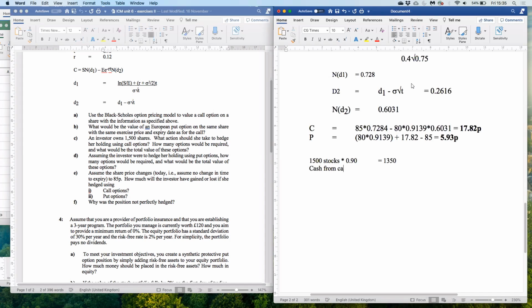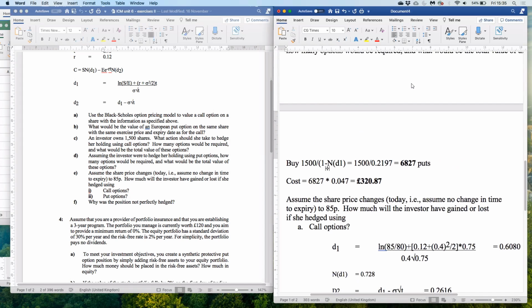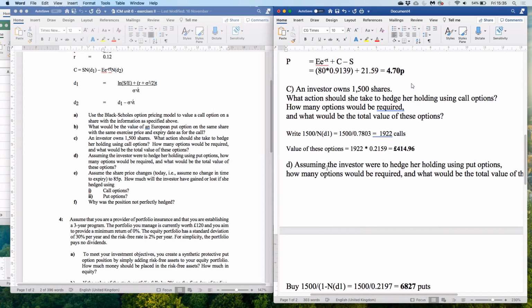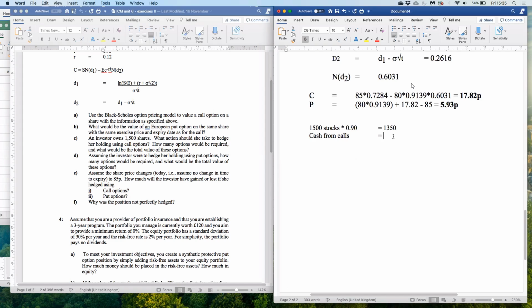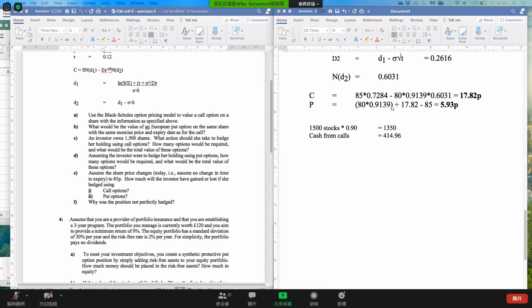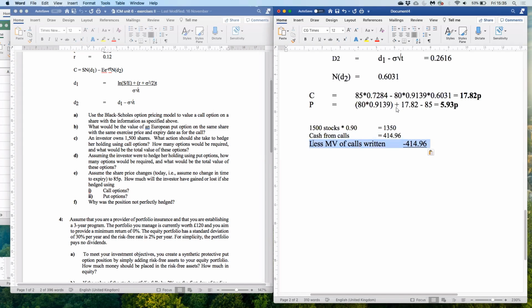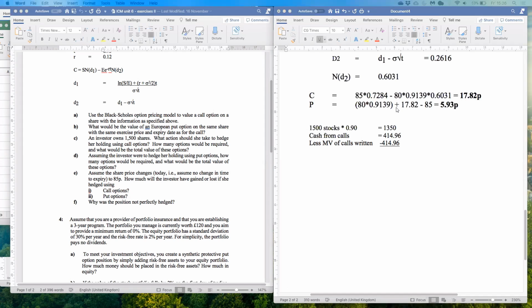Cash from calls is 414.96. Plus the market value of call return, minus 414.96. Therefore, the net wealth is still the same.